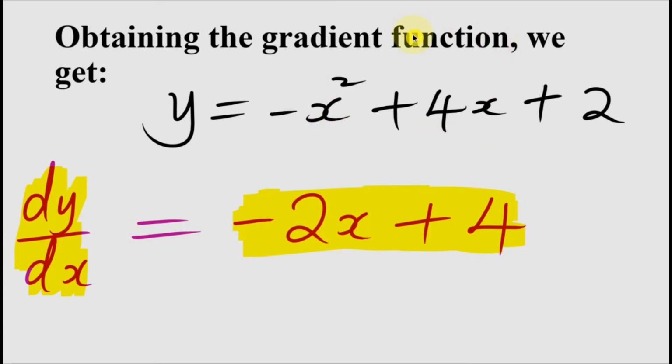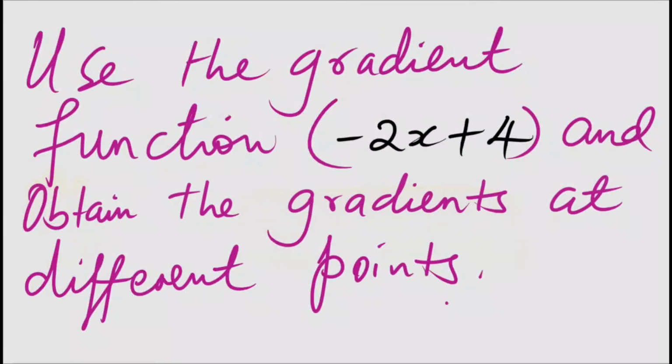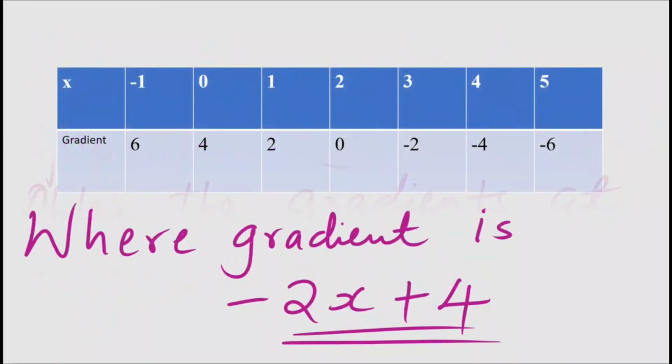Now after obtaining the gradient, we can use that gradient to identify the gradient at different points of the curve. And we're going to do the same thing we've done previously.